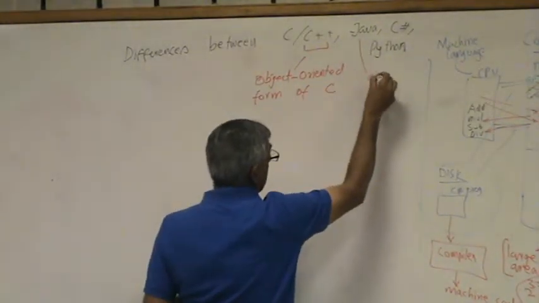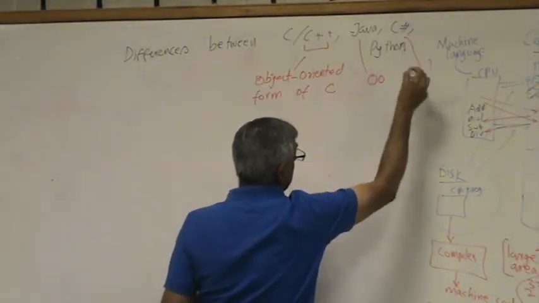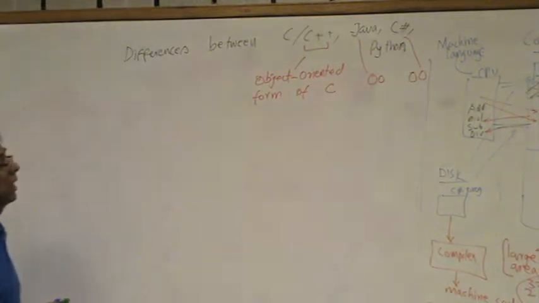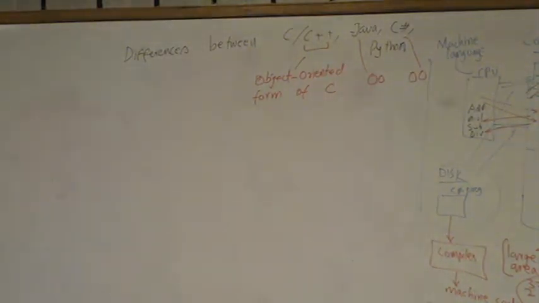And Java is object-oriented, C# is object-oriented, Python is object-oriented, meaning we can create classes, we can inherit one class from another. So all these concepts of inheritance, polymorphism, those are all available in all these languages, okay?